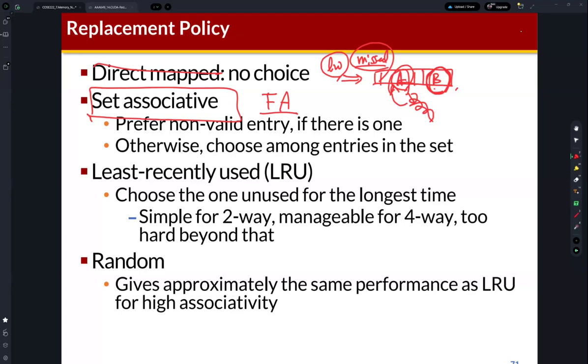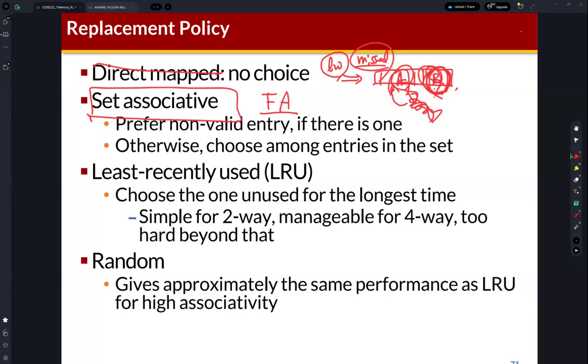It's just a prediction because this is a future event. If in the near future this B is used, then we can evict this A, but it's not possible because we don't know about the future.